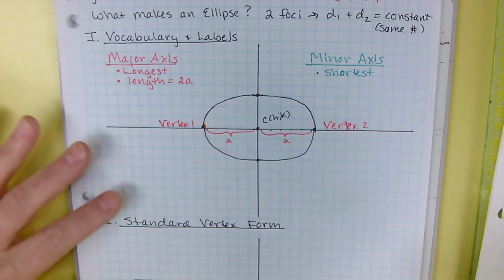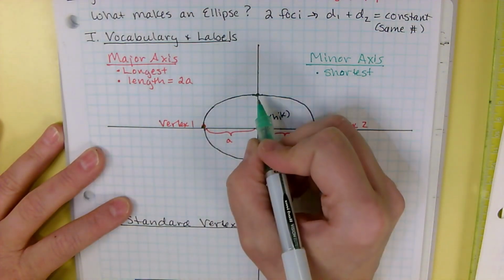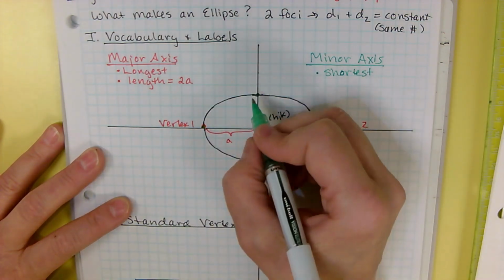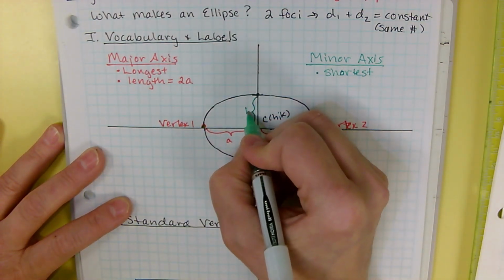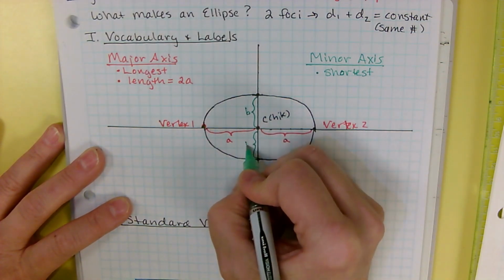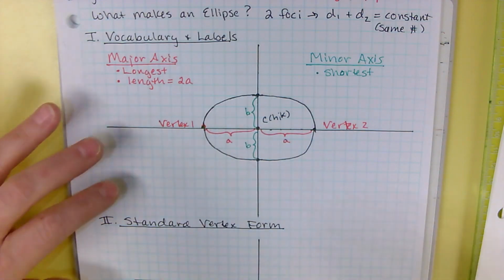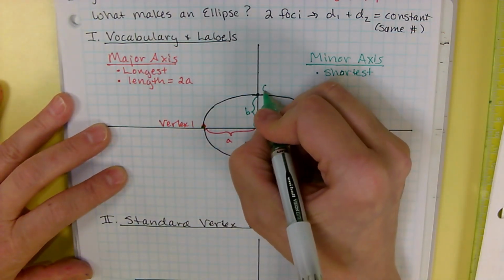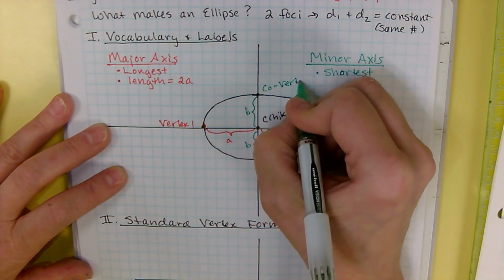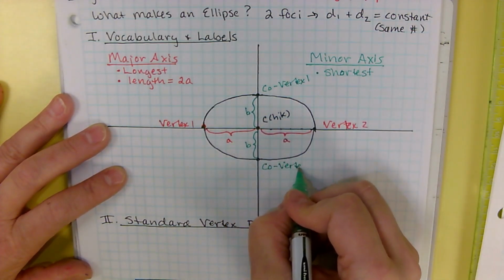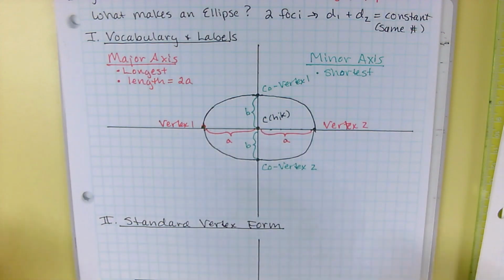The distance from the center to the co-vertex, which is what you call the endpoints, is B. So you go up B and down B. To distinguish vertices from co-vertices, the minor axis vertices are called co-vertices. So this is co-vertex 1. This is co-vertex 2.